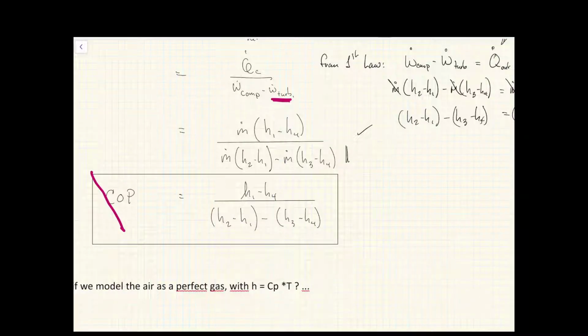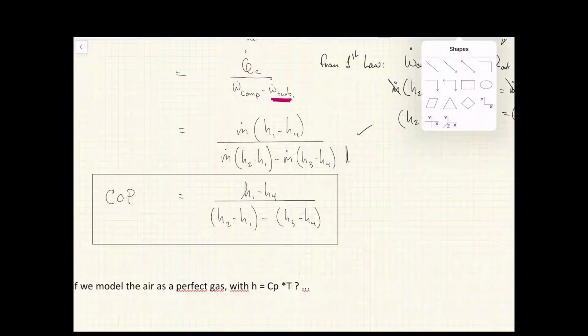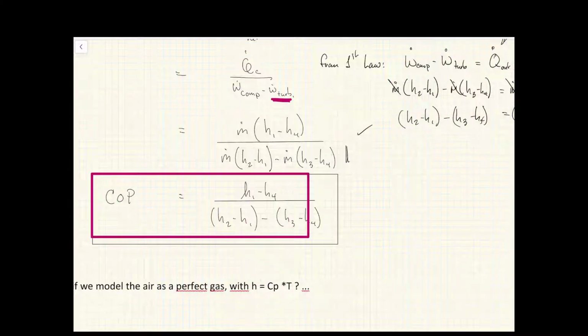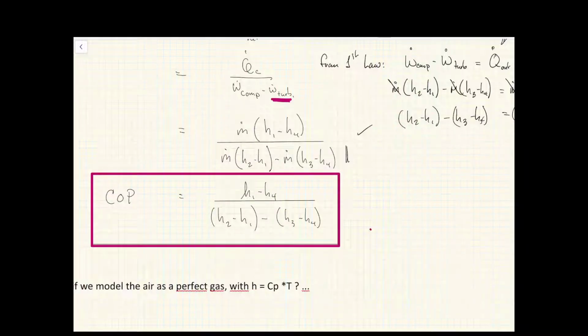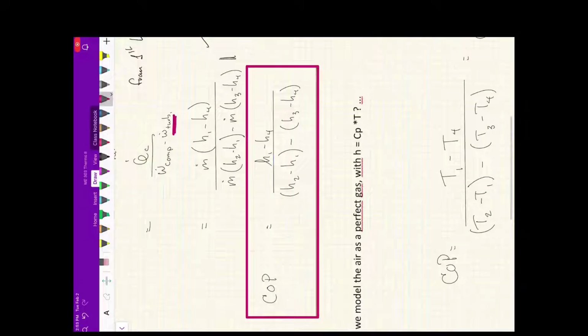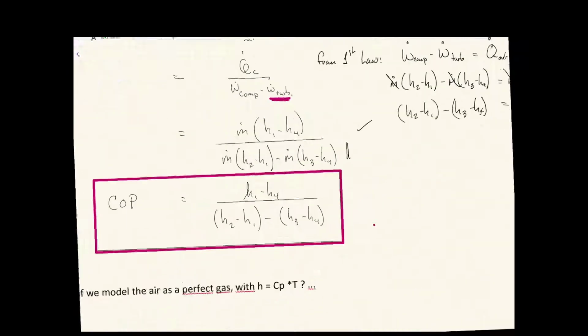It's worth highlighting that one again. Boom, COP. So the difference in enthalpies between the air that's coming in minus the air that's going out into the cabin, if you will, divided by the change in enthalpies across the compressor and the turbine, respectively.